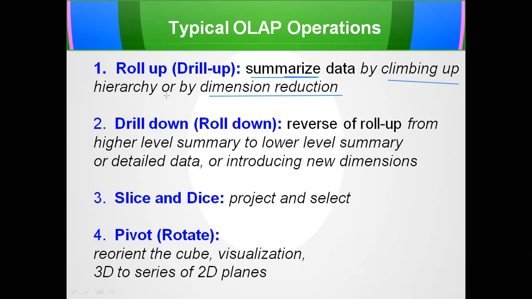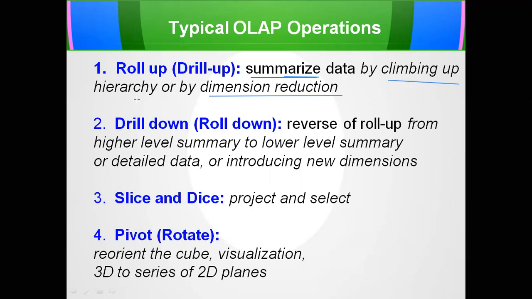For example, if your original cube contains the data for different cities, right? So by applying roll up operation you can retrieve this data state wise, right? So if you apply the roll up operation on the city, the next hierarchy will be state, right?